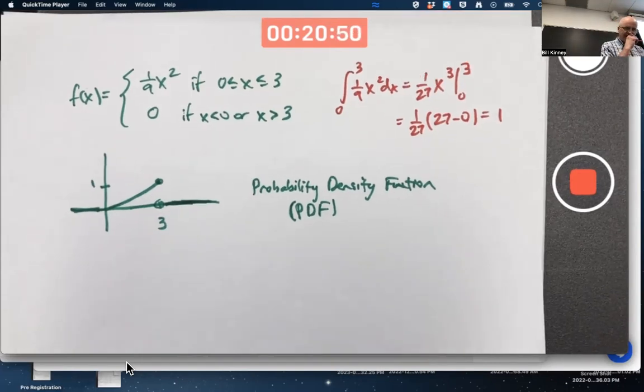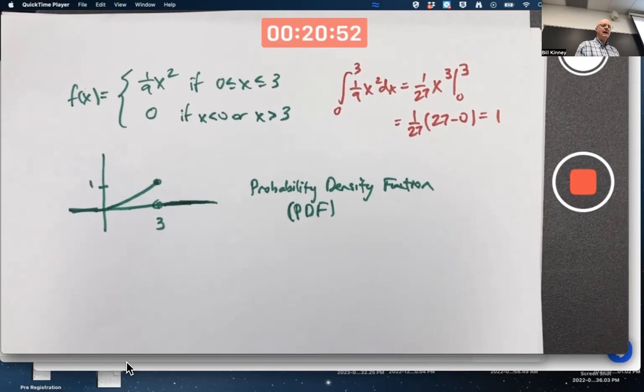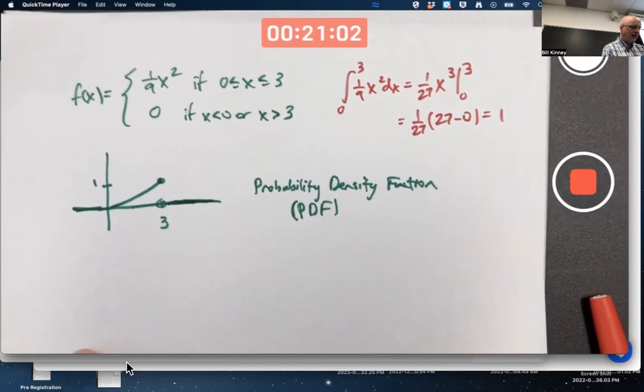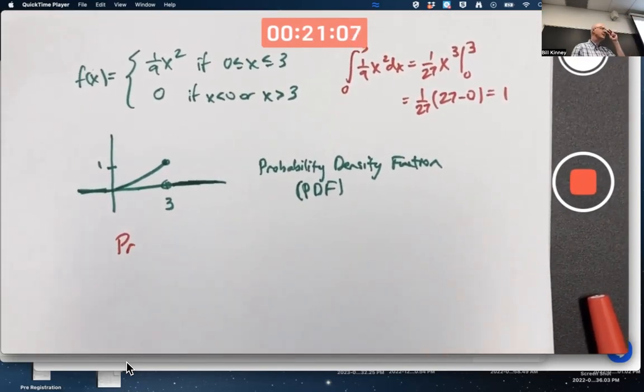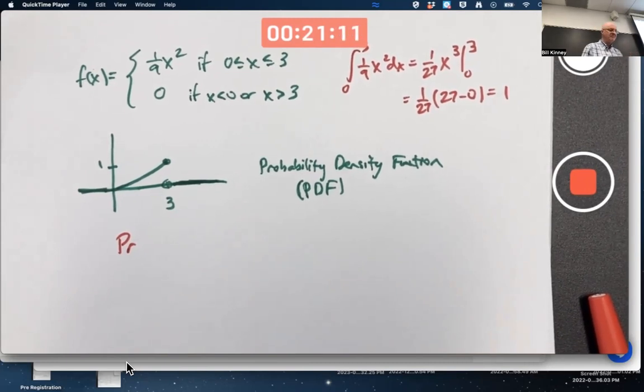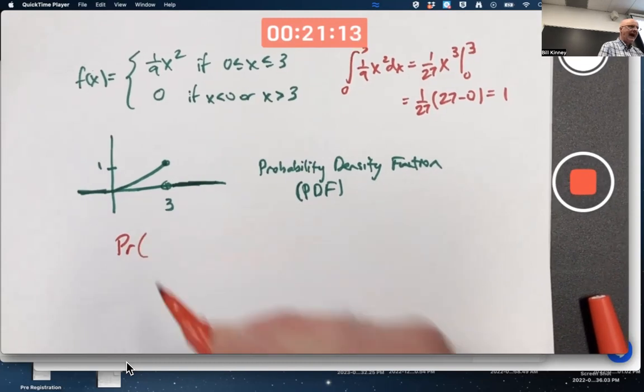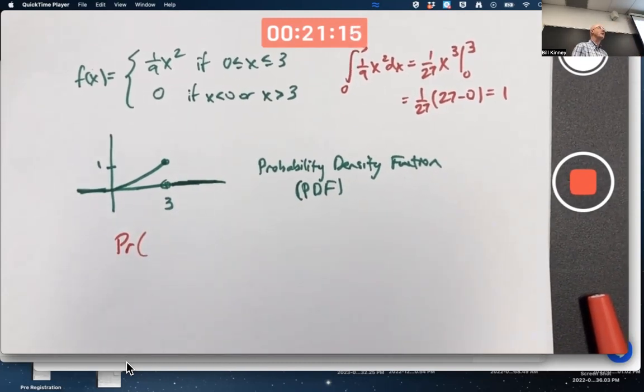A probability density function, or PDF, can be used to calculate probabilities. How? By integrating. Like you could ask, what is the probability, which I'll write as PR, sometimes I just write it as a plain P, PR for probability, that a randomly chosen member of my data set is between 1 and 2, say.